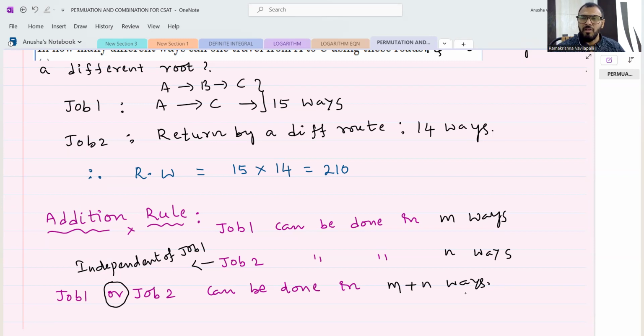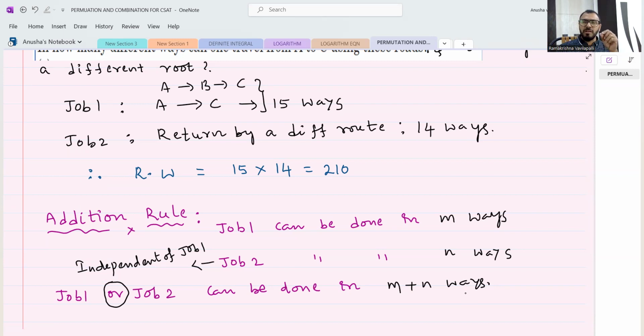If it is a boy, you can choose the boy in 20 ways. If it is a girl, you can choose in 15 ways. So together, a class leader can be any one among the 35 students. So there are 35 ways to choose a class leader of a class consisting of 20 boys and 15 girls.